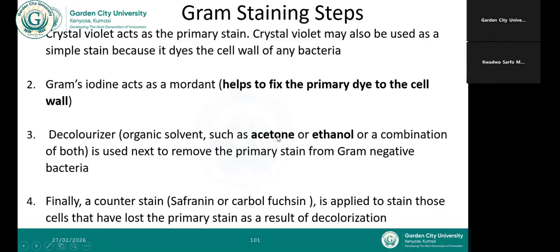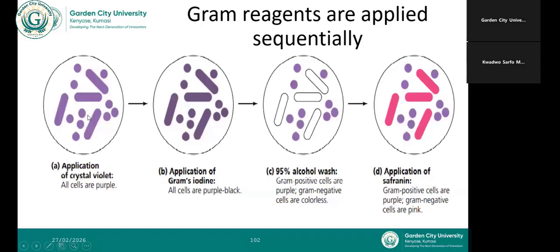So those are the steps. By principle, you have to add the reasoning. When you apply the primary stain, the mordant intensifies the color. So you see it has become very deep compared to this one. Then you decolorize. Some will lose the primary stain, some will retain it. Those that lost the primary stain are the gram negatives. Those that retain the primary stain are the gram positives.